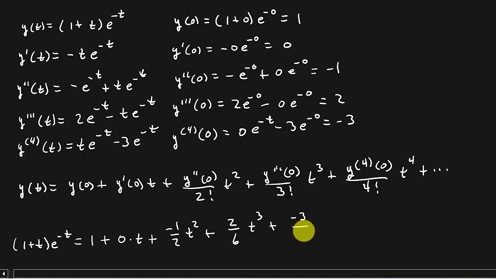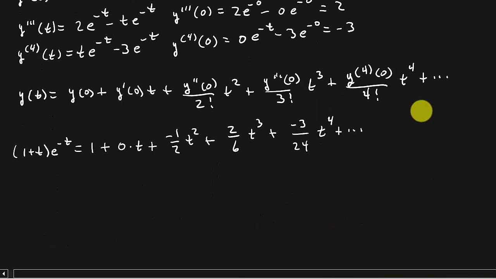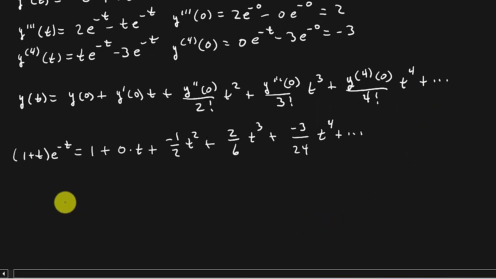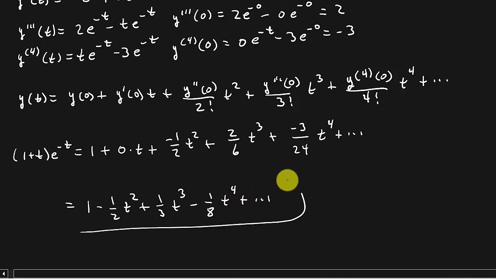What is 4 factorial? 24. t to the fourth plus ... And so now we've got 1, that goes to 0, minus 1/2 t squared plus 1/3 t cubed minus 1/8 t to the fourth plus ... And this would be your answer.